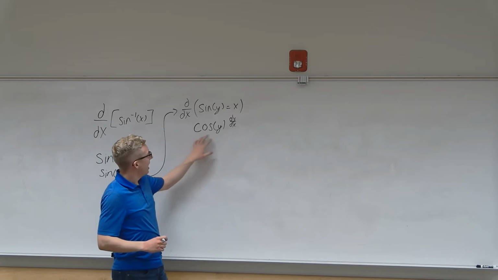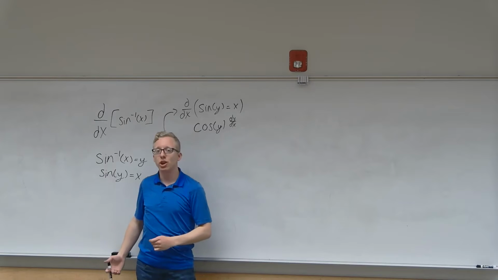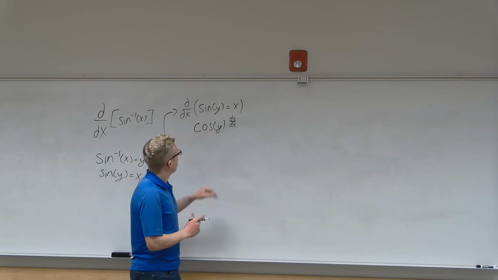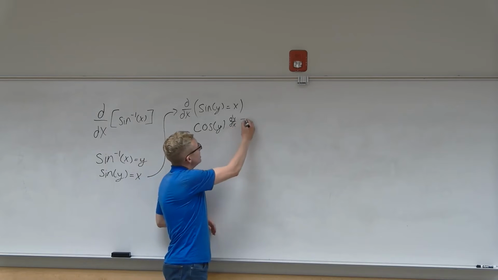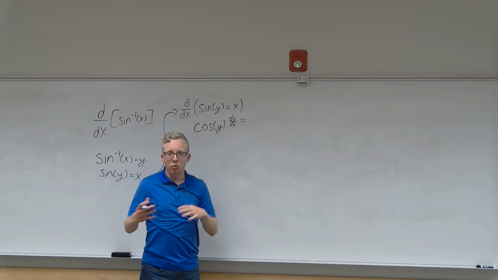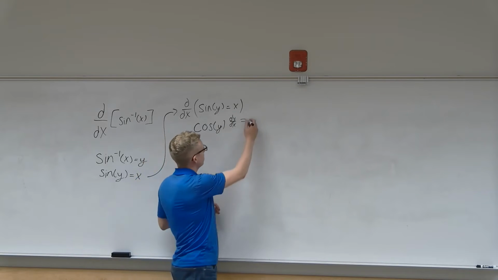So that's what we have on this side. Also, if you haven't learned about the chain rule, I would highly recommend learning about that as well. On the other side, we just need the derivative of x. And because we're taking the derivative of x with respect to x, that's just going to equal 1.